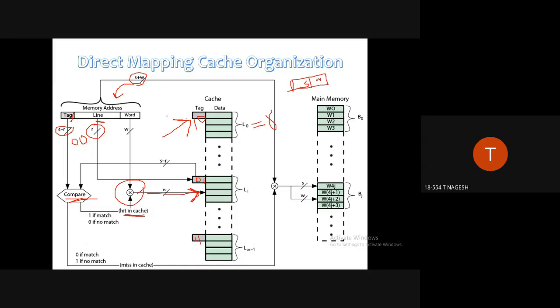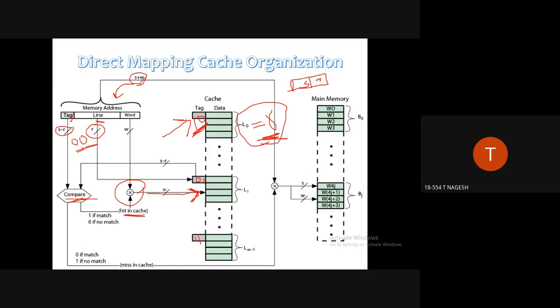So while comparing, only the tag value here will be compared with the tag value of this line, because this is the line having the line number r, that is our required line number. For that required line number only we will compare the tag value. If the tag value we require and the tag value present here are both the same, then it is a cache hit.